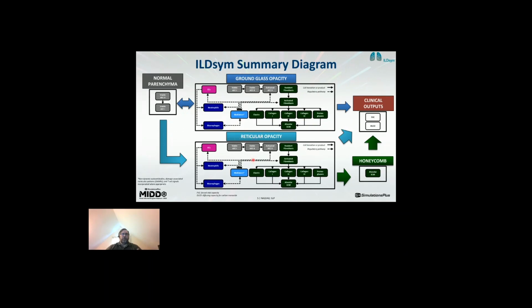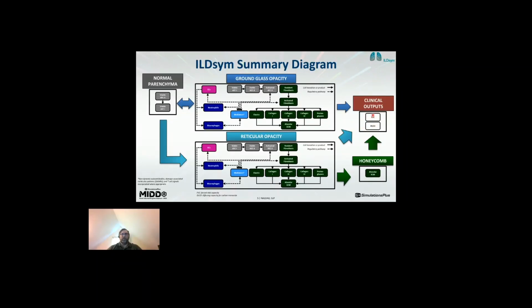And while it looks the same, within the modeling, we're able to represent a more inflammatory zone in the ground glass opacity and a more fibrotic zone in the reticular opacity. And then we represent from reticular opacity to a honeycombed area. And then all three of those diseased zones contribute to clinical outputs, FVC and DLCO.